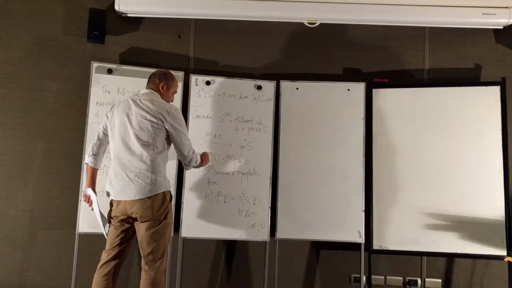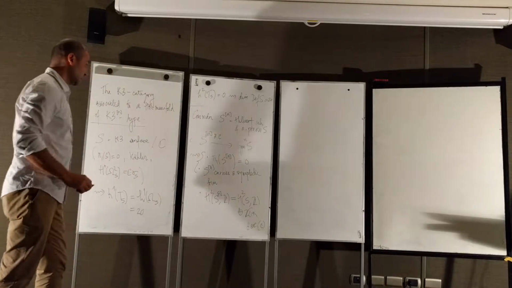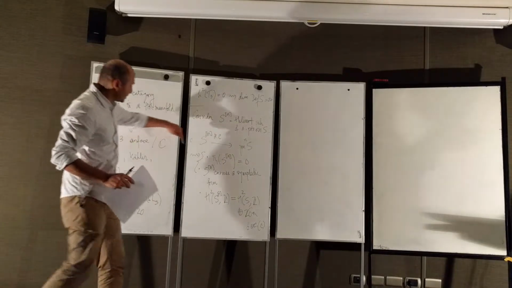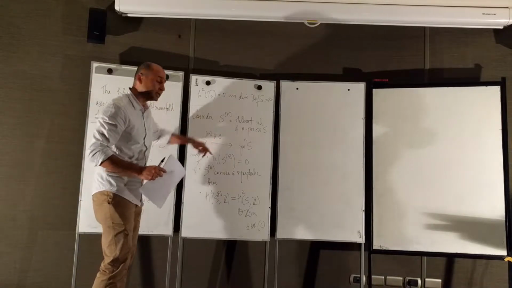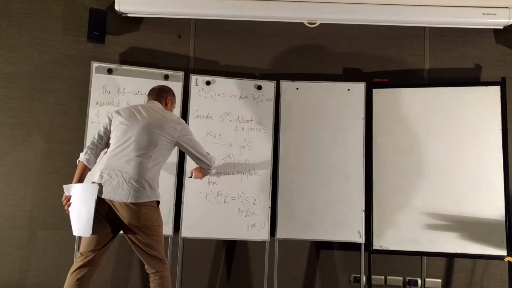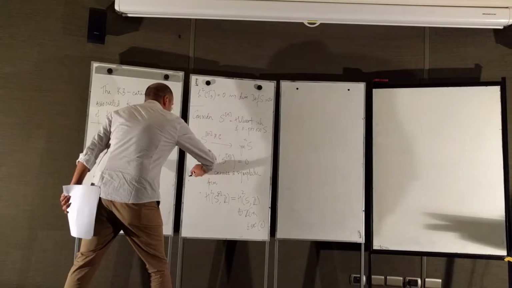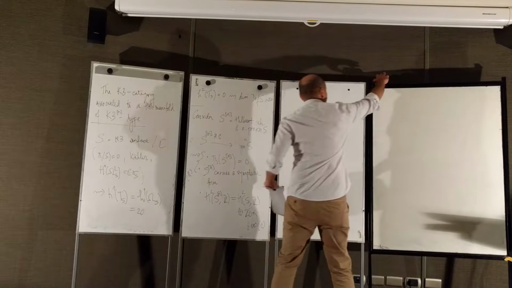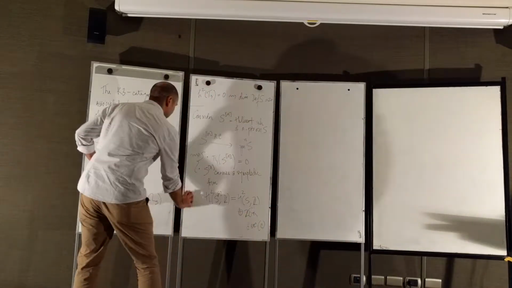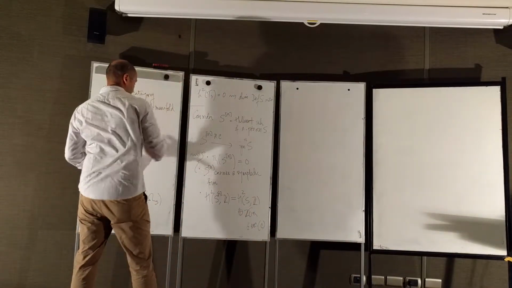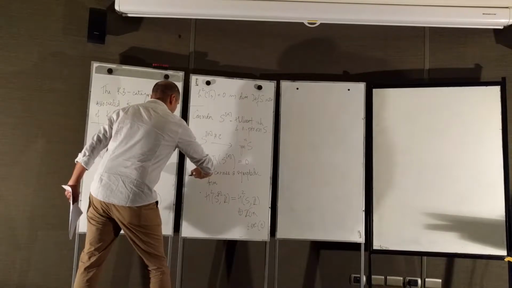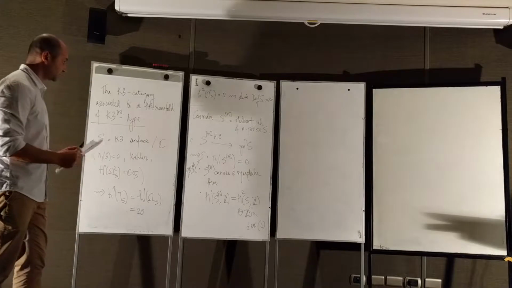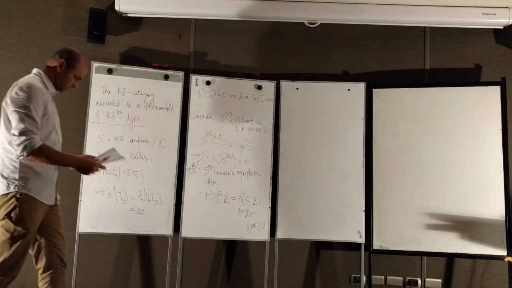Any Kähler manifold, smooth, which carries a symplectic form and is simply connected, for us is going to be an irreducible holomorphic symplectic manifold, an IHSM. So K3 is an IHSM, Hilbert schemes are IHSMs.